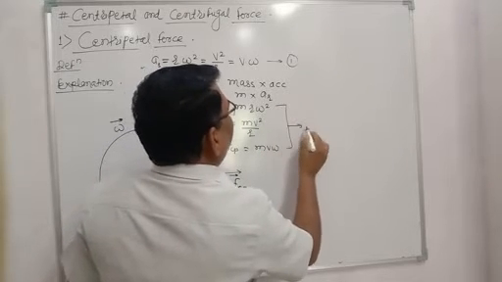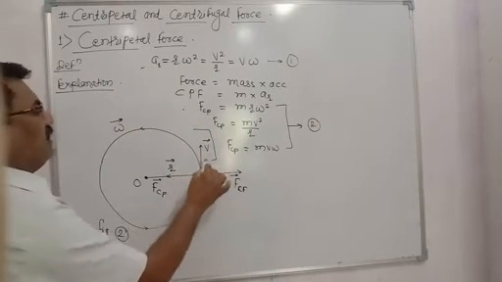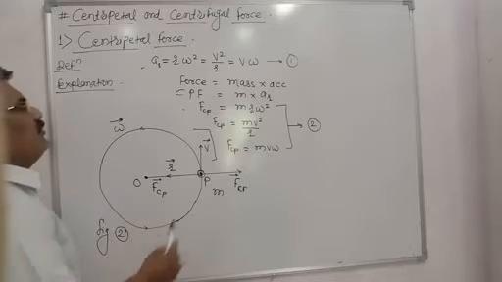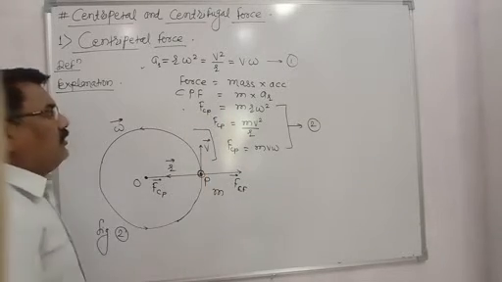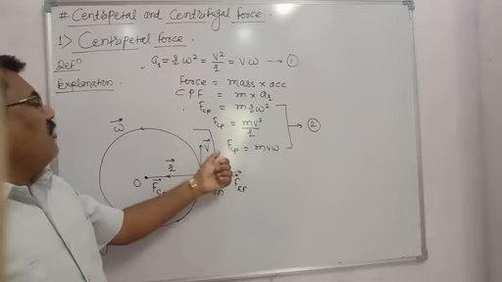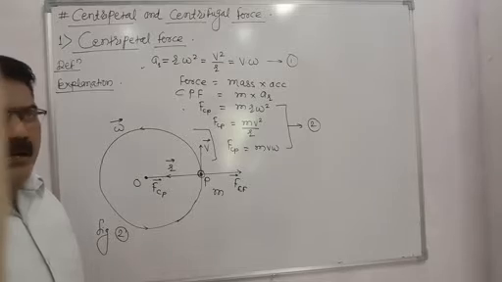In this way, dear students, the magnitude of the centripetal force acting on that particle is given by F_CP = m r omega square, or m v square upon R, or m v into omega.